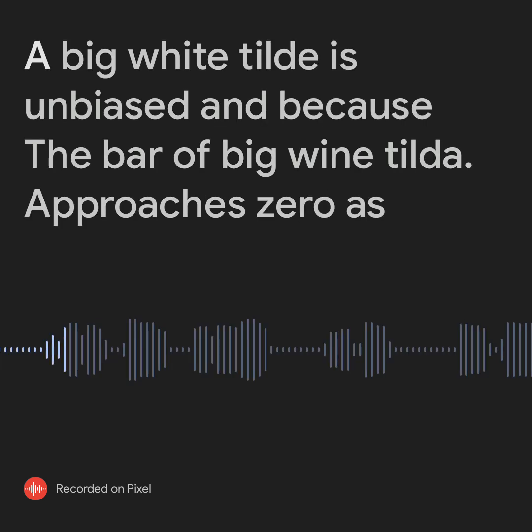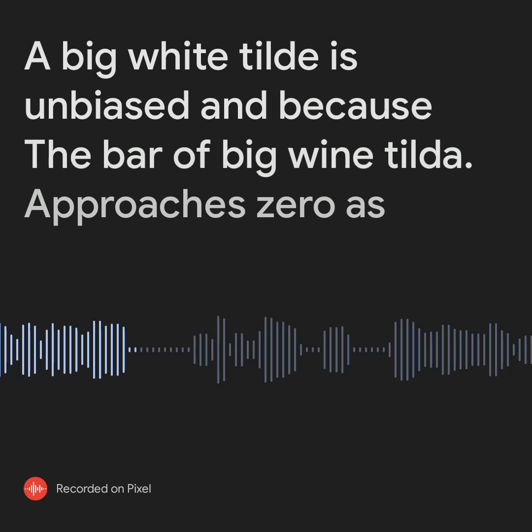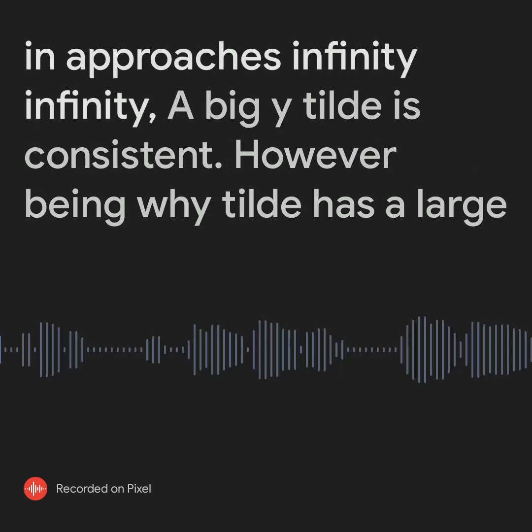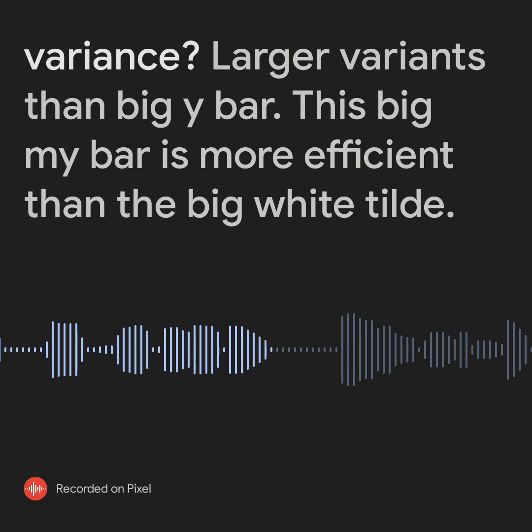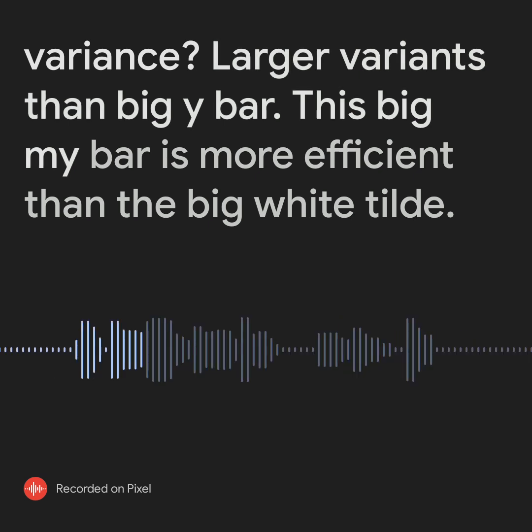Thus, Ỹ is unbiased, and because the var of Ỹ approaches 0 as n approaches infinity, Ỹ is consistent. However, Ỹ has a larger variance than Ȳ. Thus, Ȳ is more efficient than Ỹ.